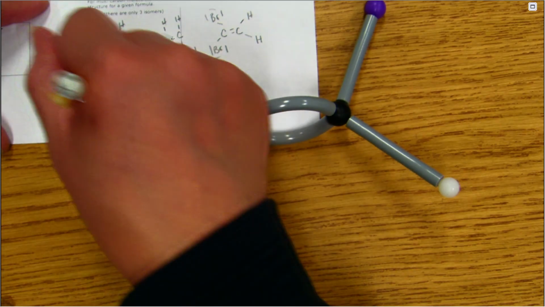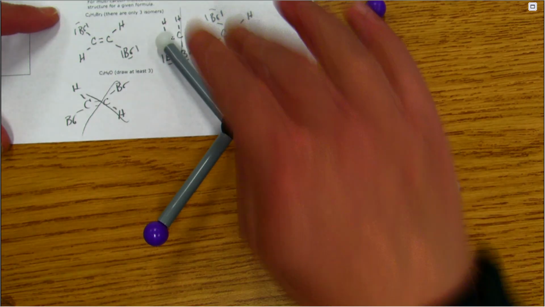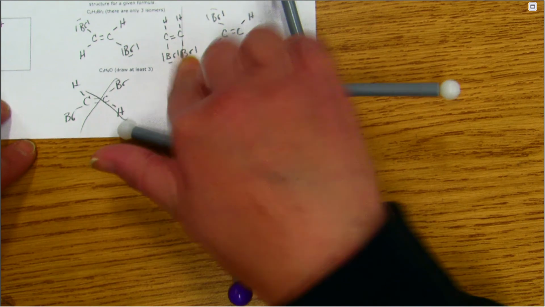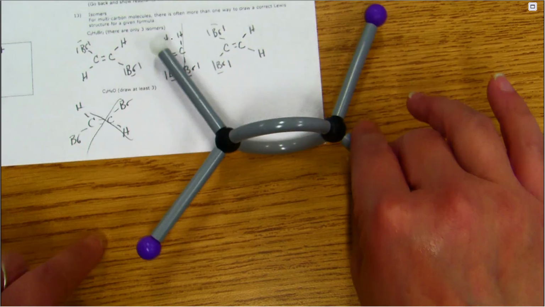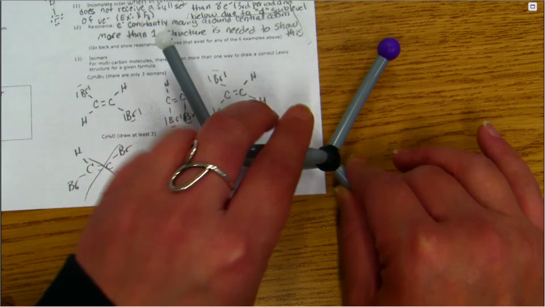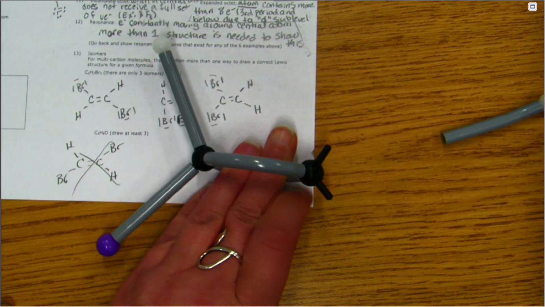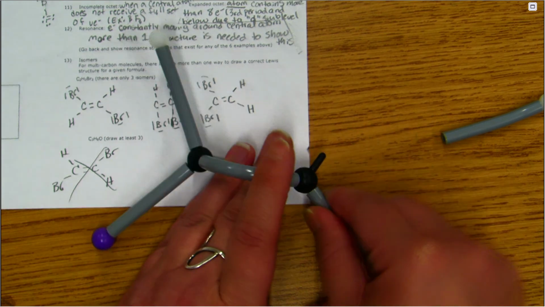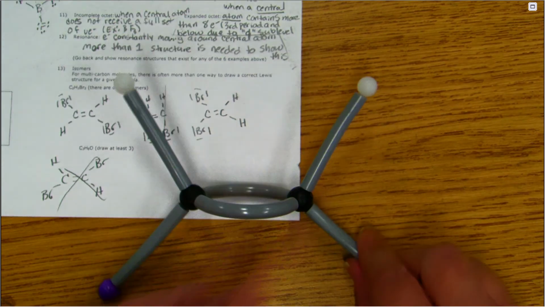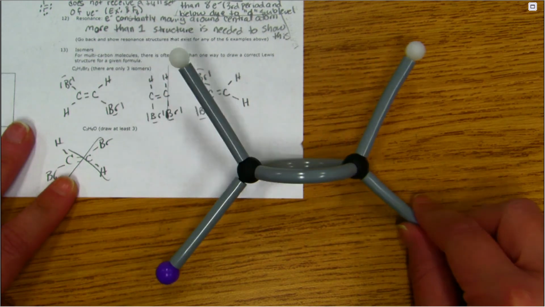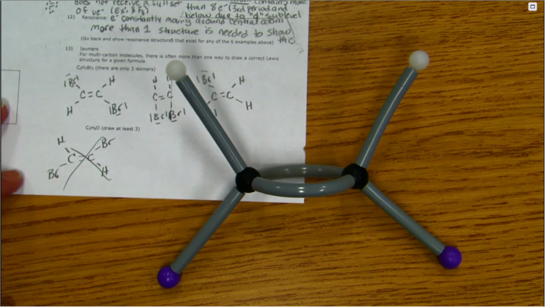They are not isomers. This is an isomer though, because if I want to get both hydrogens on top, how do I have to get both hydrogens on top? I have to literally break apart my structure and I have to rearrange it. The fact that I had to break apart my structure and rearrange it makes it an isomer.